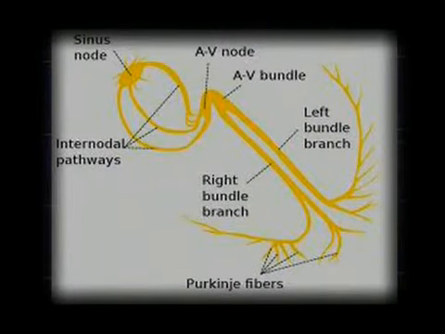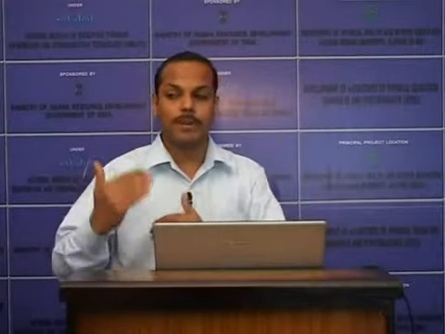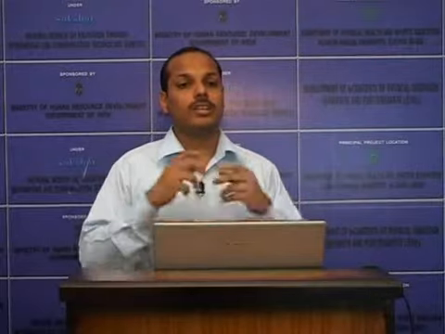Then there are right and left bundle branches. From the bundle branches the Purkinje fibers start, and through the moderator band they pass to the papillary muscles for the contraction. Purkinje fibers distribute the impulse throughout the ventricle, and trigger the ventricular contraction after the atrial contraction completes.